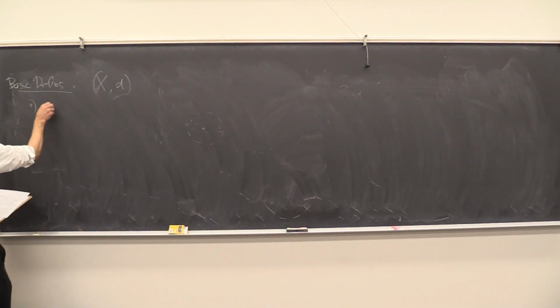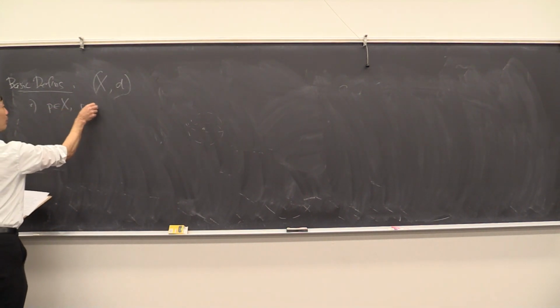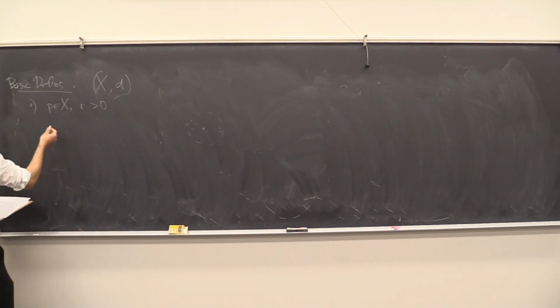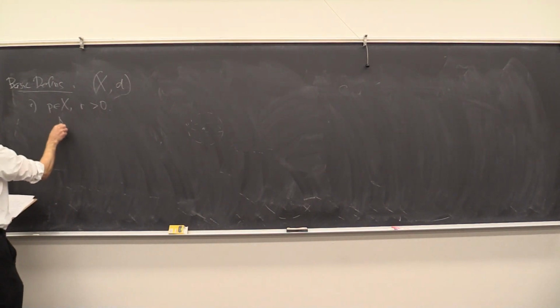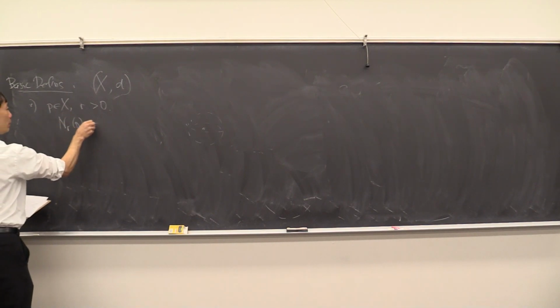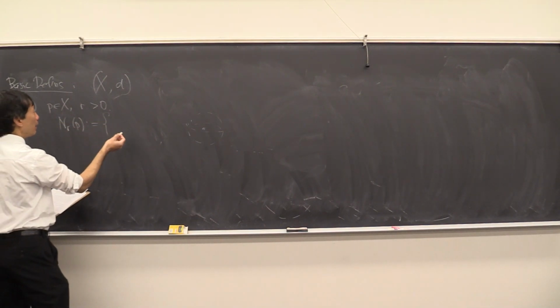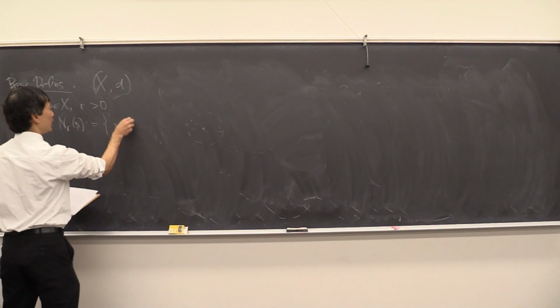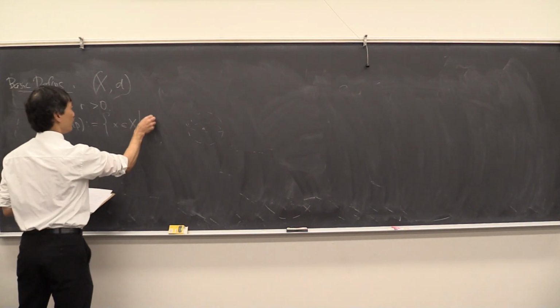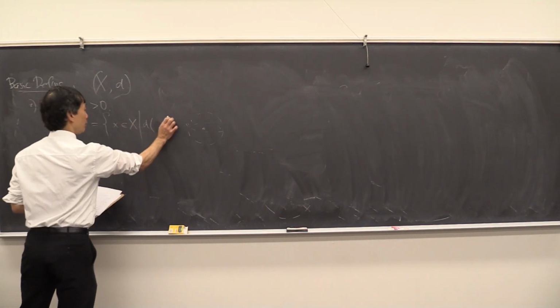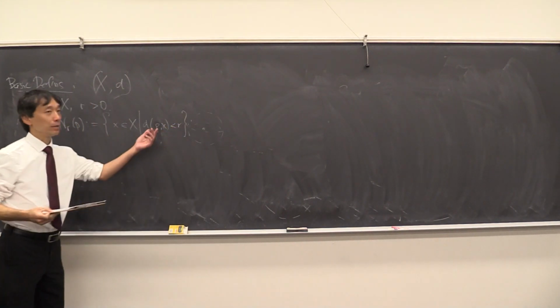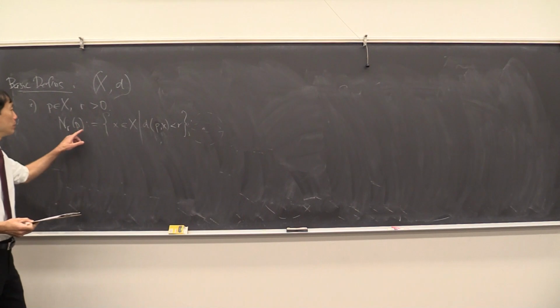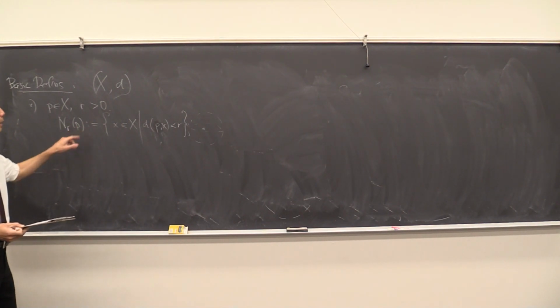So you have some point in the space, and you have some real number, some radius, and then we have this thing N_r(p), which we define to be everything in the space, all points in the space that are within that radius of the center. Same sort of idea.